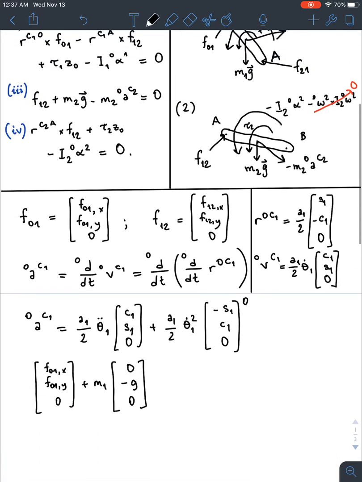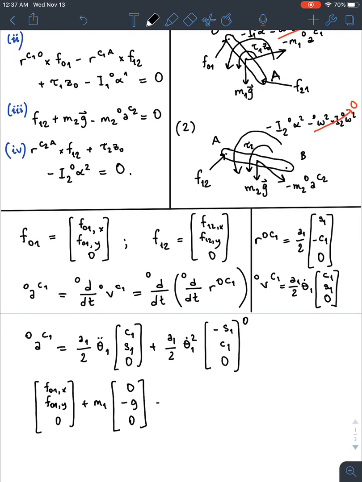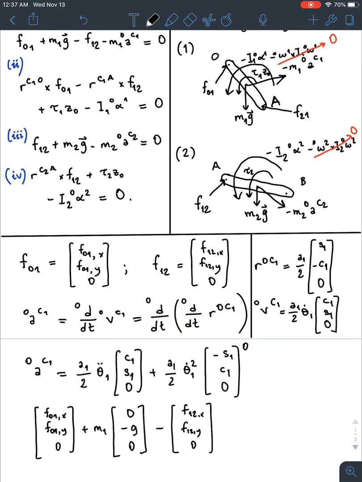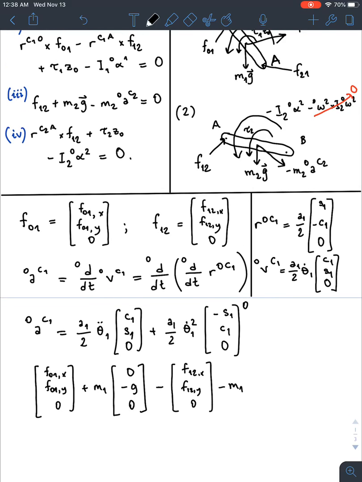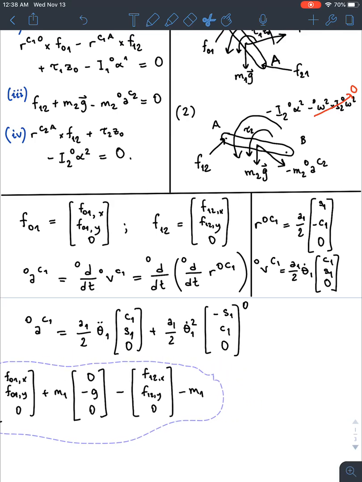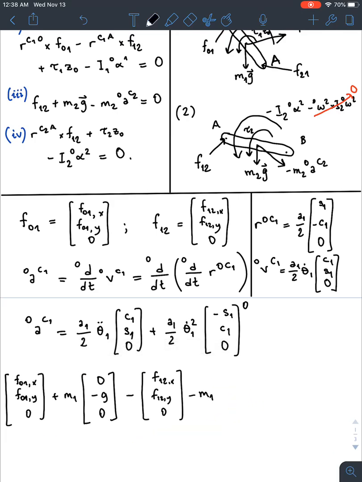And what else do we have? We have minus f12, which is f12x, f12y, 0. And minus m1 times the acceleration of c1, and 0. And I just have it right over here, right? So I have all those terms, which is not going to fit into this line, so I'm going to be a bit more clinical.